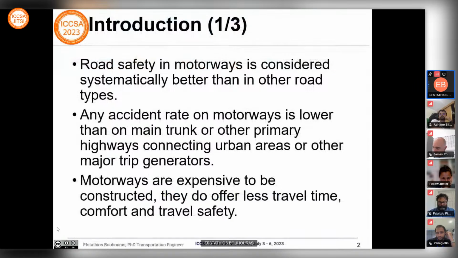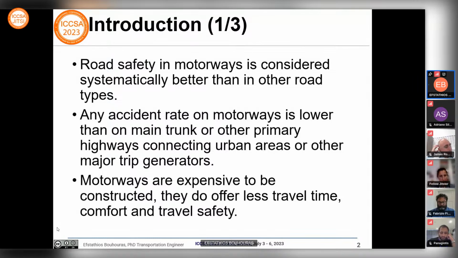So let's begin with the introduction. As I said, many people think that motorways are safer than the rest of the road network. Analyzing the statistics, we can say that the accident rate is lower on motorways compared to other road networks in urban areas.